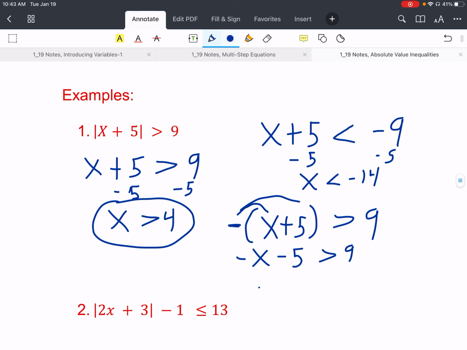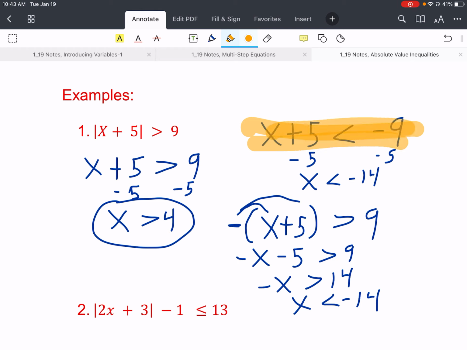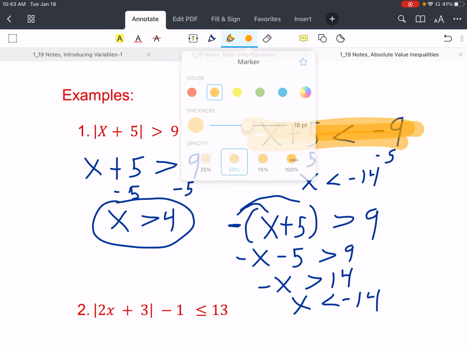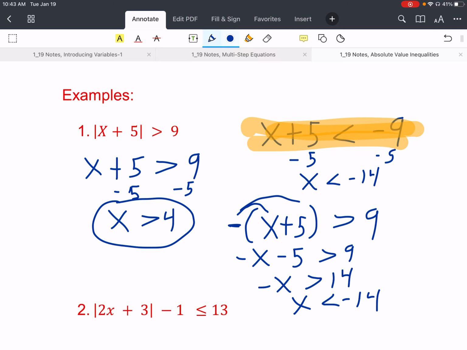That would turn into negative x is greater than 14. After we divide both sides by a negative, we'd be left with x is less than negative 14. So either option is fine. The top option is probably a little easier: flip the inequality symbol and make the answer negative, or switch the answer from negative to positive if it is negative.